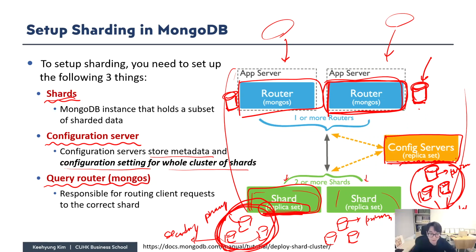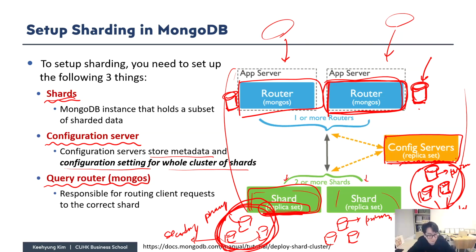So that's basically how this is structured. To set up sharding in MongoDB, you need really many servers, because that's the full purpose of a big data system and of utilizing horizontal scaling out.